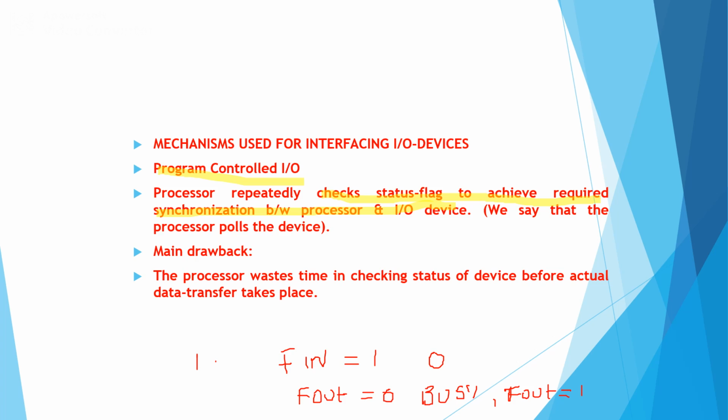The processor repeatedly checks the status flag to achieve synchronization between the processor and IO device. So we say that the processor polls the device, by checking the status registers.